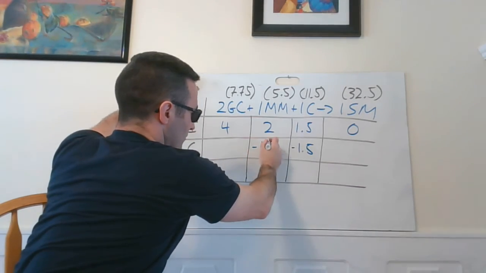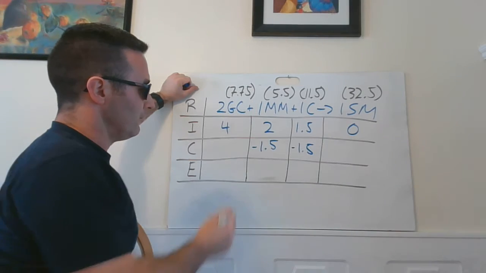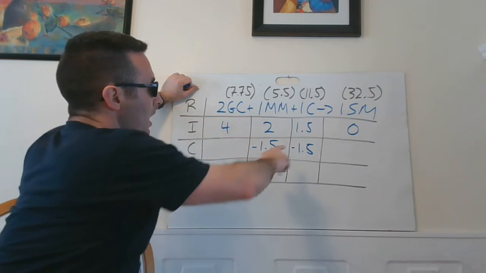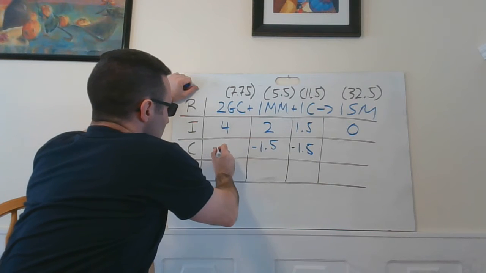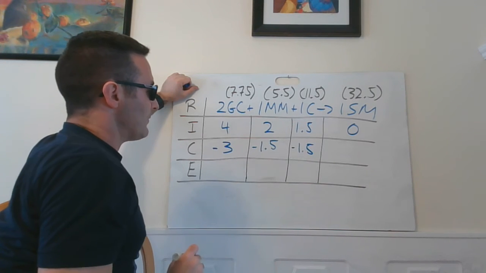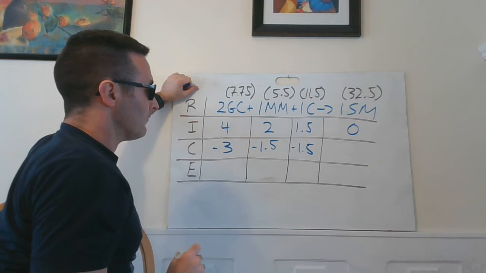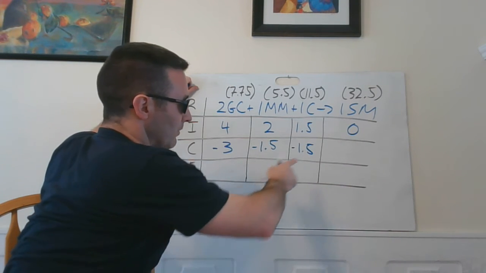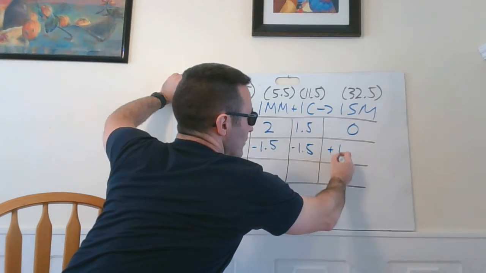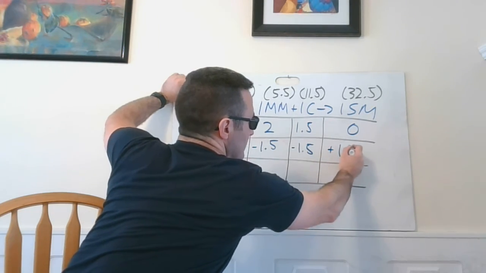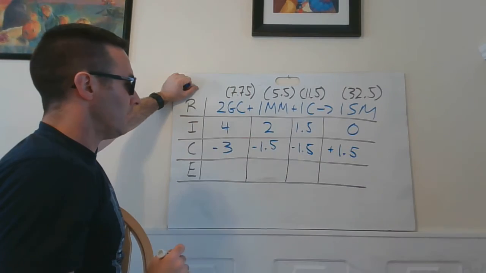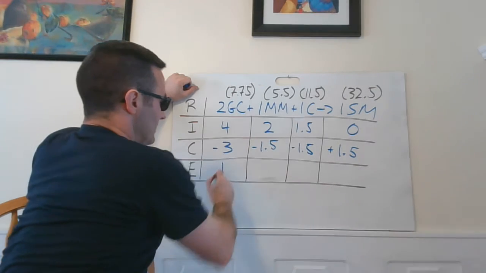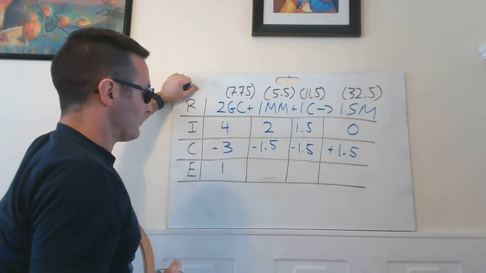Because it's 1 to 1, I can only lose 1.5 moles of marshmallow. Oh, I'm going to need to double. I'm going to lose 3 of my graham crackers, but that's okay. I'm still going to have it left over, and I'm going to make 1.5 moles of s'mores. So when I'm done, I'm going to have 1 mole of graham crackers left over.